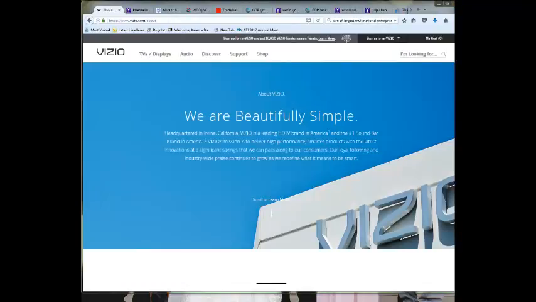Next, I want to use as an example Vizio, a brand that you're probably familiar with. Did you know that the technology for flat panel televisions was developed in the United States in the 1960s? However, now in the Vizio headquarters in Irvine, California, really just about 100 people work there.